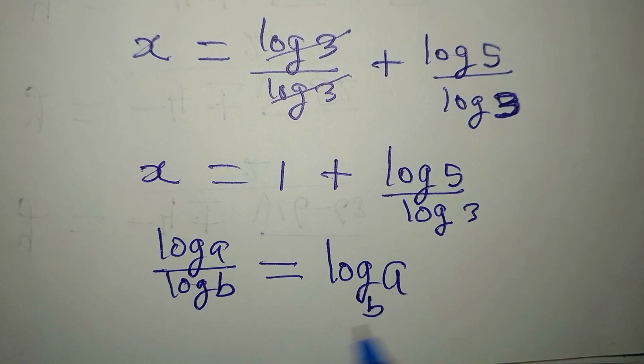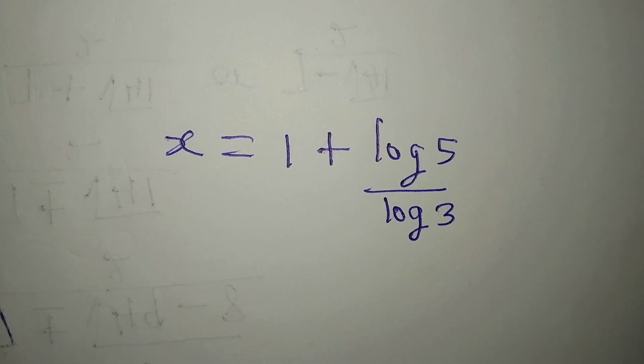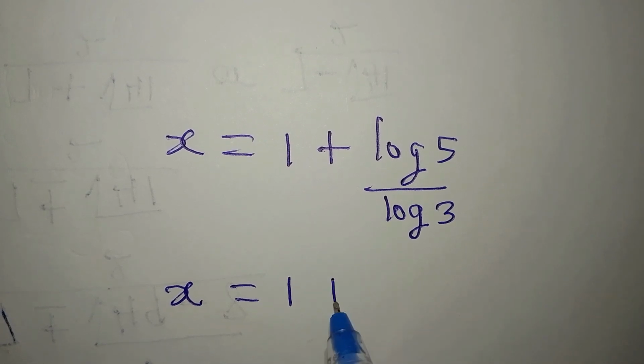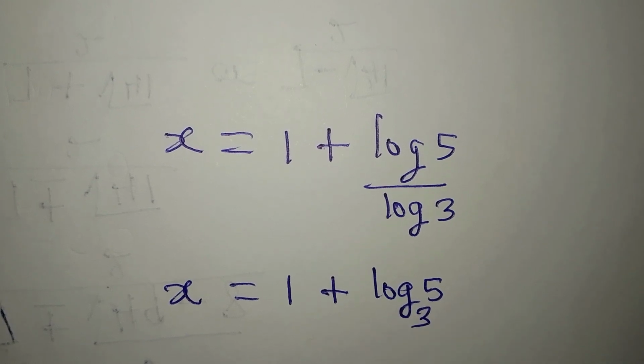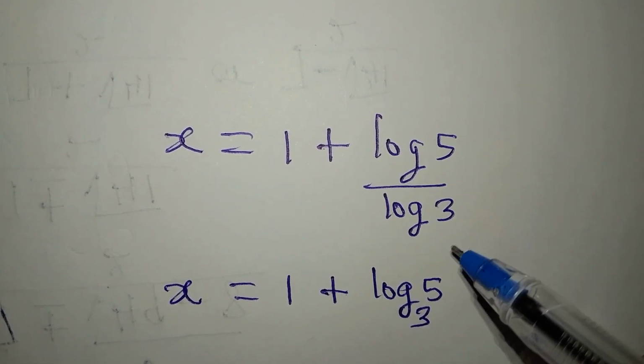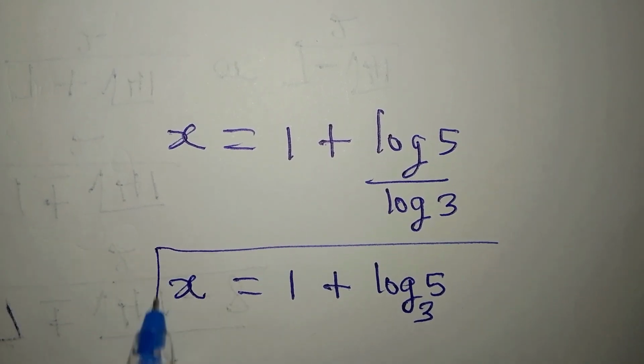So I'm going to apply the same thing here. So our x will now be 1 plus log 5 to base 3. Okay, so from here, we have the value of x.